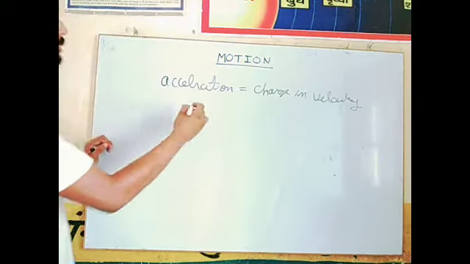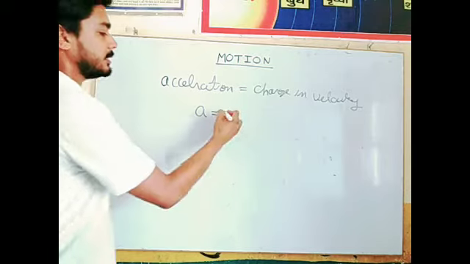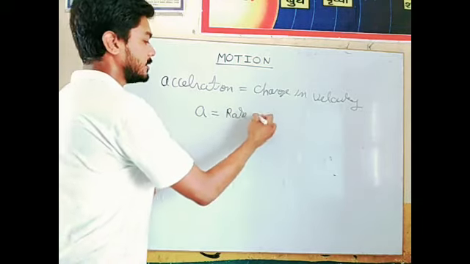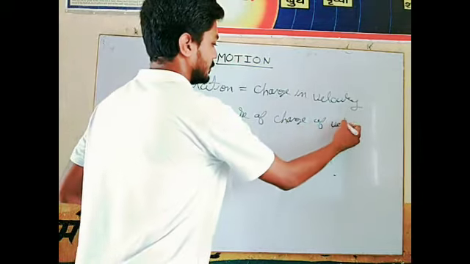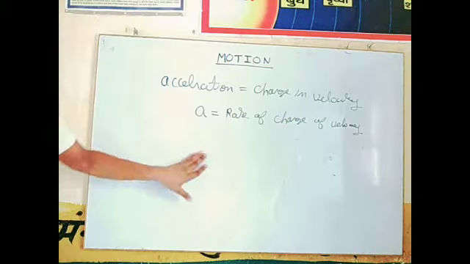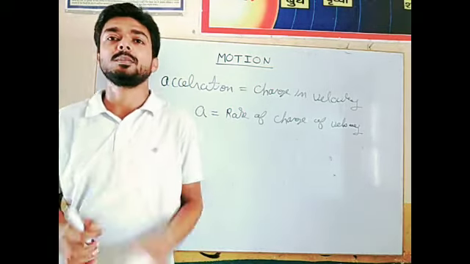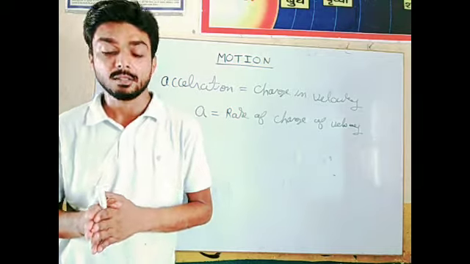The symbol used to represent acceleration is a, and you write it as rate of change of velocity. Rate of change of velocity means whenever velocity is changing with respect to time, you will say that the body is in acceleration.